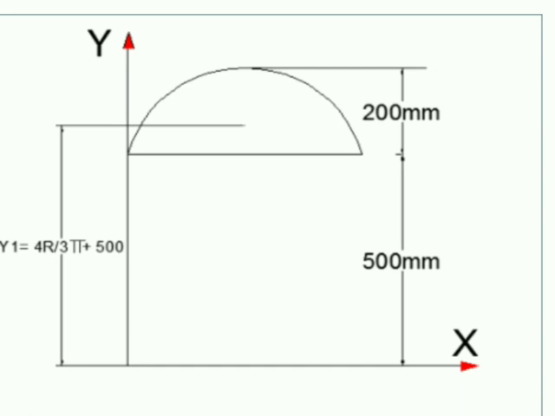So y2 is 4r by 3 pi, which is the centroidal distance of the semicircle from its base, plus 500 to reach the x-axis. So my y2 value will be 4r by 3 pi plus 500, and as explained earlier x2 will be directly 400 by 2, that is 200.